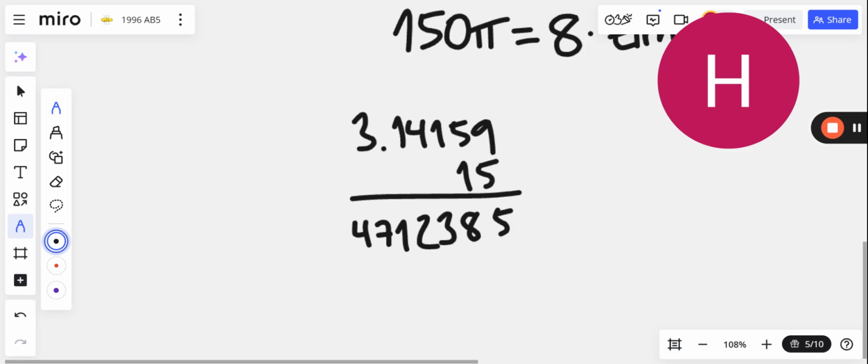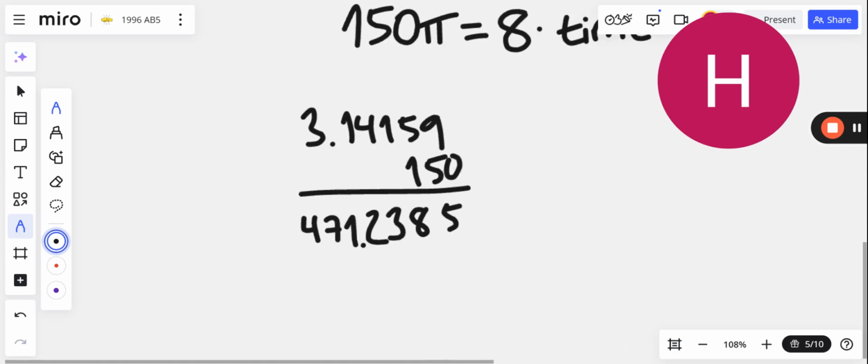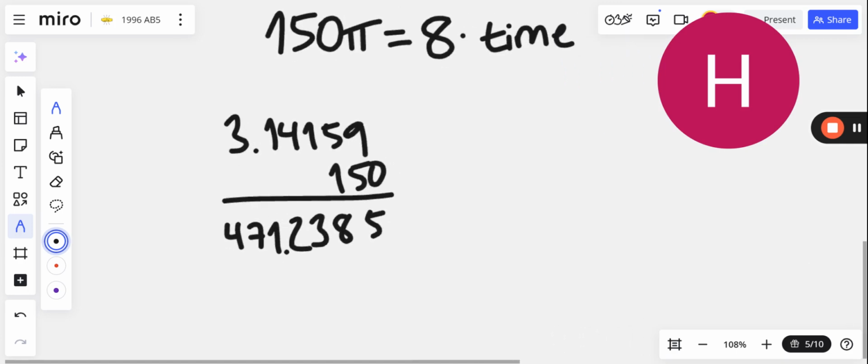Okay, there we go. So 1, 2, 3, 4. We're only going to go 4 decimal places. And that'll give us times 150. So if we divide this by 8, that'll give us the time.